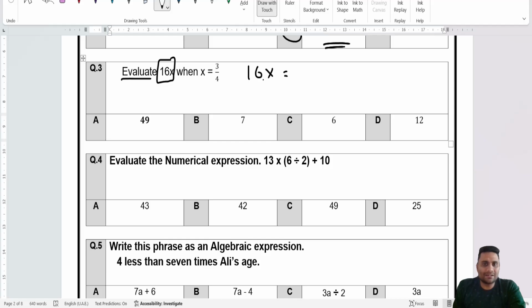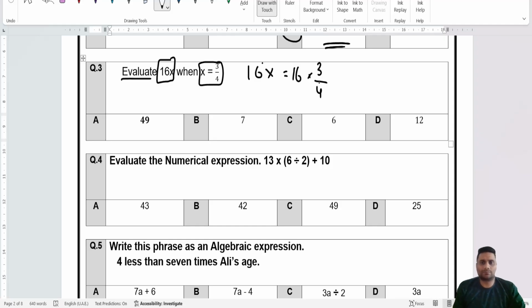Between 16 and x, do I see any plus, minus, divide, multiply? No. It means there is multiply between them. So I have to do 16 multiply x. Now x is given in the question, 3 over 4. So I will replace the x with 3 over 4.